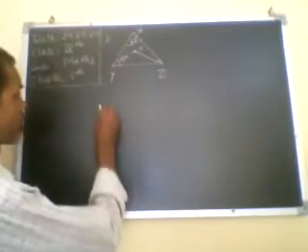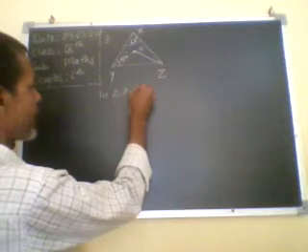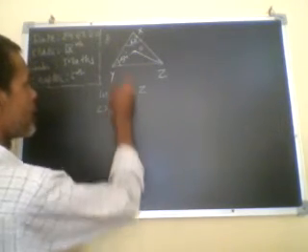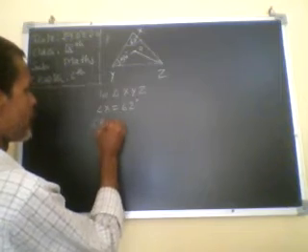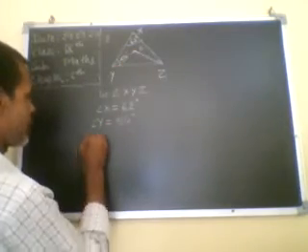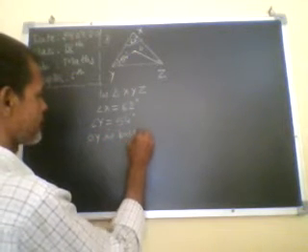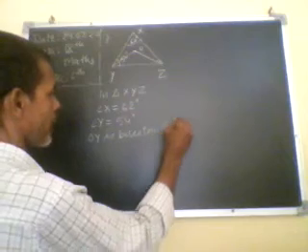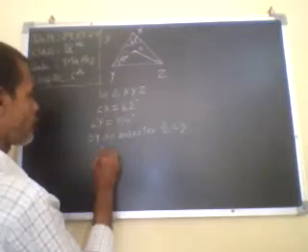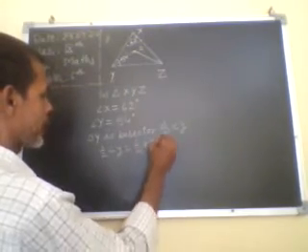So now in triangle XYZ, angle X is 62 degrees, angle Y is 54 degrees, but OY is the bisector of angle Y. So half of angle Y equals half of 54 degrees.